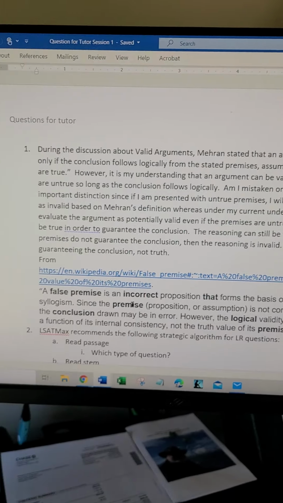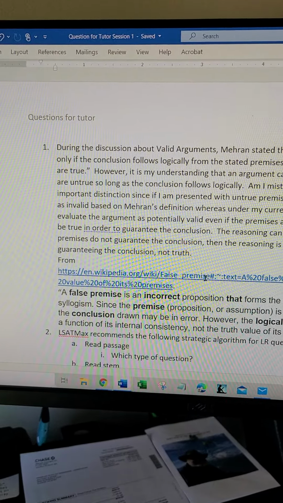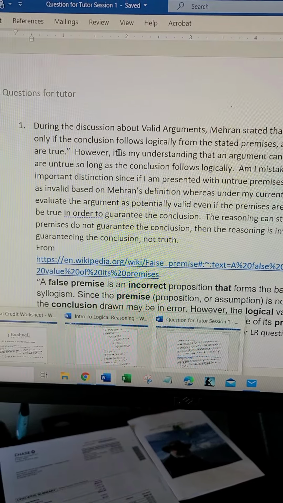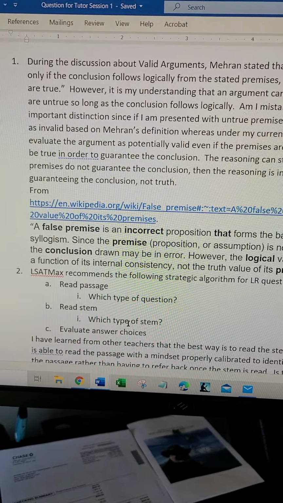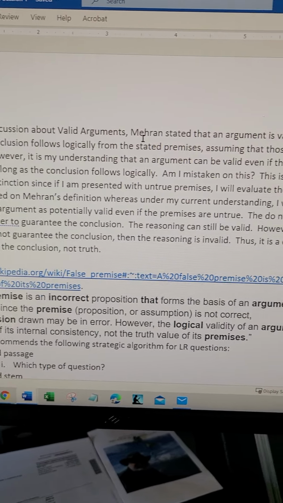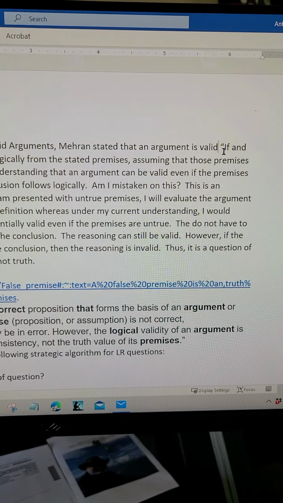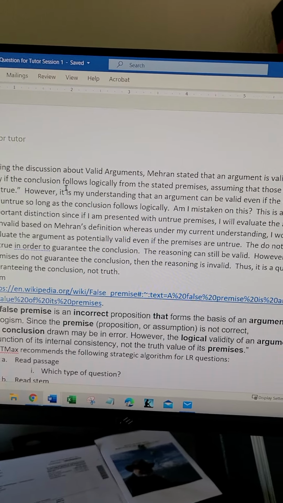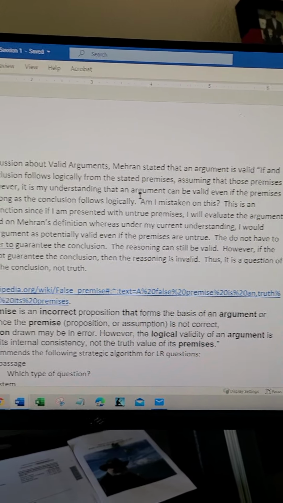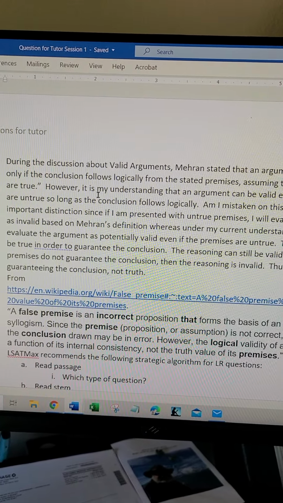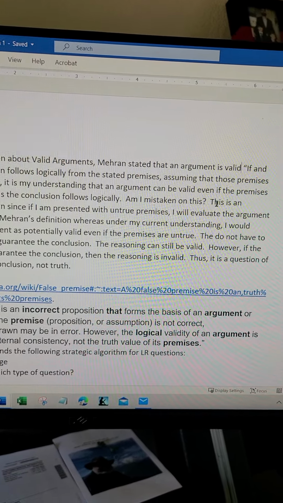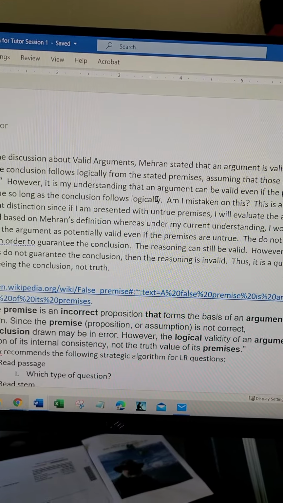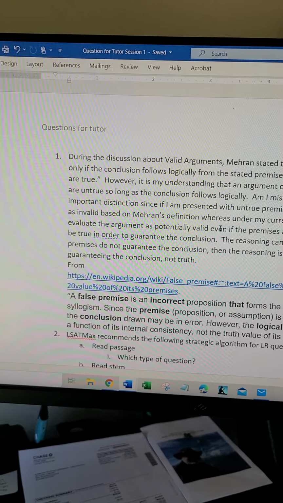One of those questions is: during the discussion about valid arguments, the instructor stated that an argument is valid if and only if the conclusion follows logically from the stated premises, assuming that those premises are true. However, it's my understanding that an argument can be valid even if the premises are untrue, so long as the conclusion follows logically. And I'm pretty sure I'm not mistaken on that.